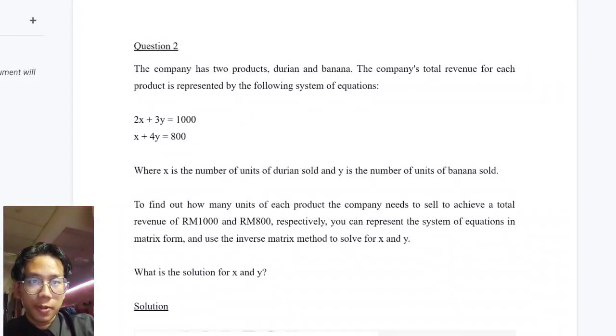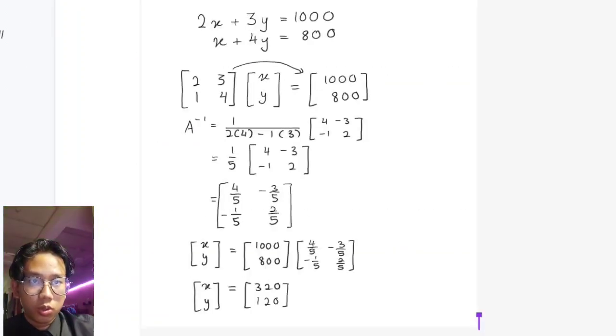The solution is, first we need to convert the equations into matrix form, like mentioned in the picture, and we need to transfer the 2, 3, 1, 4 matrix to the right side of the equation, and we will use the A inverse formula.